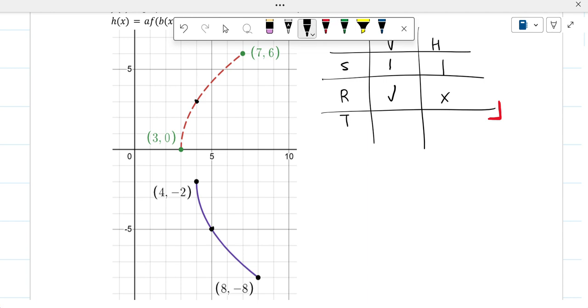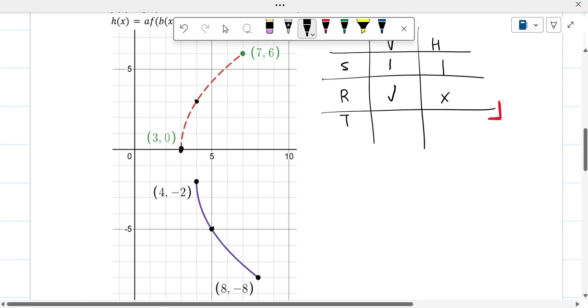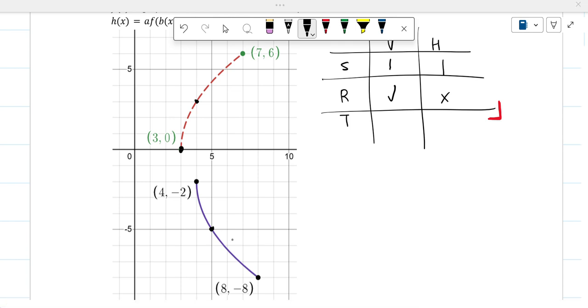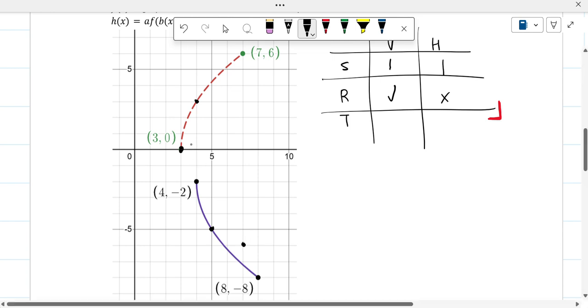I'll skip the stretch because that's just 1. But now there's a vertical reflection, so that means that for 3, 0, the y value is multiplied by -1, so it's still 0. For 7, 6, the y value is multiplied by -1, so it becomes 7, -6. Like that.